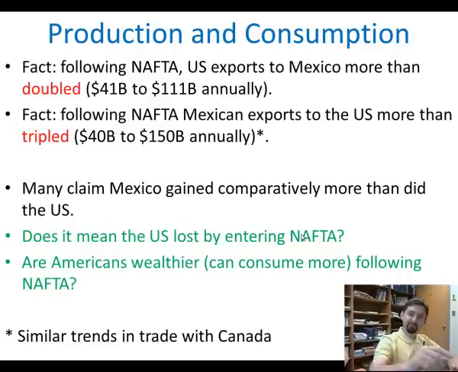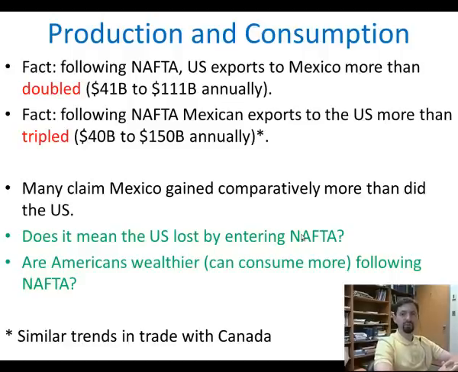Well, the point here is that your gain is not my loss, or just the fact that I found even more, it's not your loss. It's just, you found a little less. And so that's exactly the same with NAFTA. We were able to sell and make more and sell it to Mexico, and just because they now benefit even more doesn't mean that we are losing. So at least that's how many economists see it.